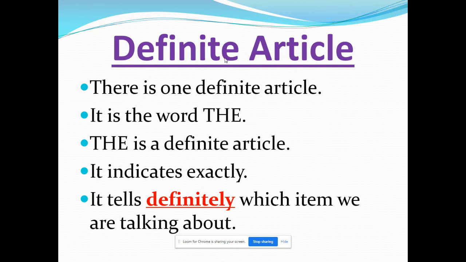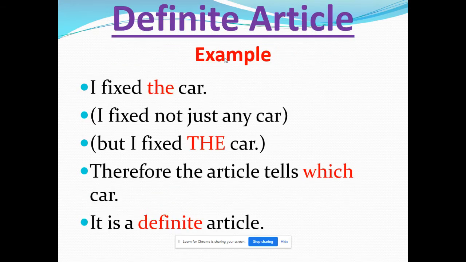It indicates exactly. It tells definitely which item we are talking about. Okay? For example, I fixed the car. I fixed not just any car, but I fixed the car. Therefore, the article tells which car. It is a definite article because it tells the definite item that we're talking about. Okay.